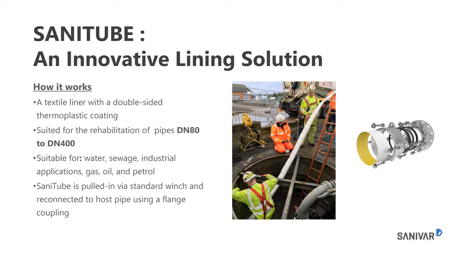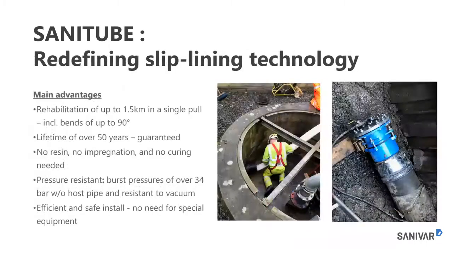So the main advantage is the extensive lengths that can be accommodated. We've just completed a world record pull of 1.5 kilometres in a single pull, including bends of up to 90 degrees. As I say, every job is bespoke. Sanivar commit to doing a full survey and a full evaluation of bends, pipe configurations and pipe condition before we would propose our lining or quote for any particular project.